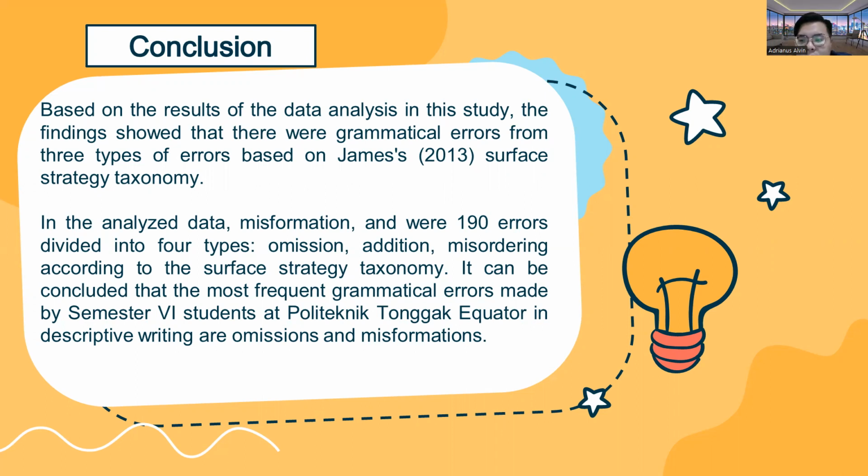Based on these results, it can be concluded that omission and misformation errors are the most frequent grammatical errors in descriptive writing for the semester 6 students at Polytechnic Tonggak Equator.